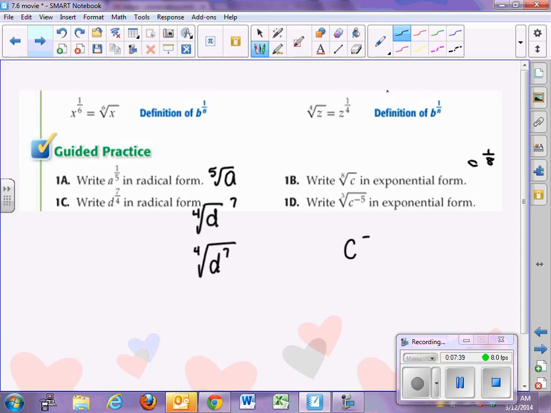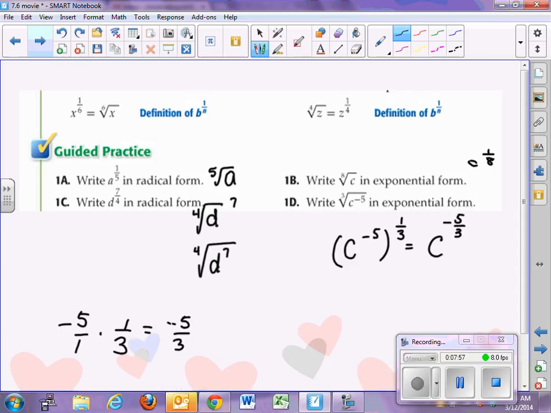This is c to the -5th, raised to the 1/3, which is c to the, now remember, -5/1 times 1/3, which is really -5/3. So that's a -5/3 exponent.